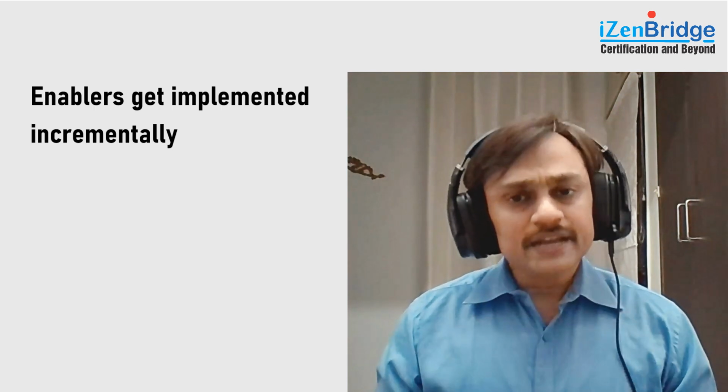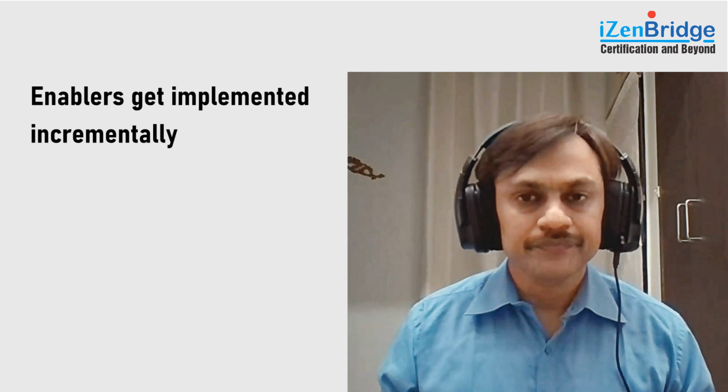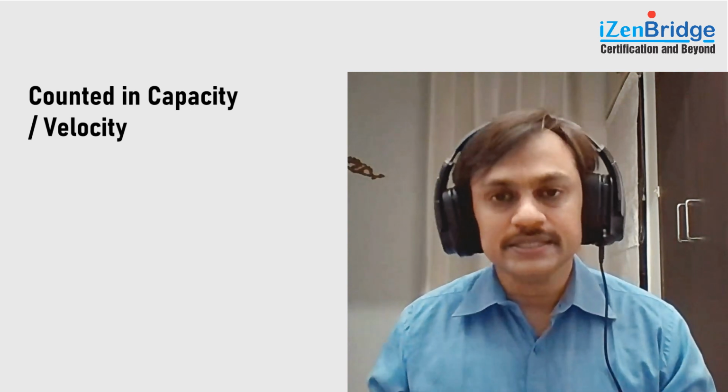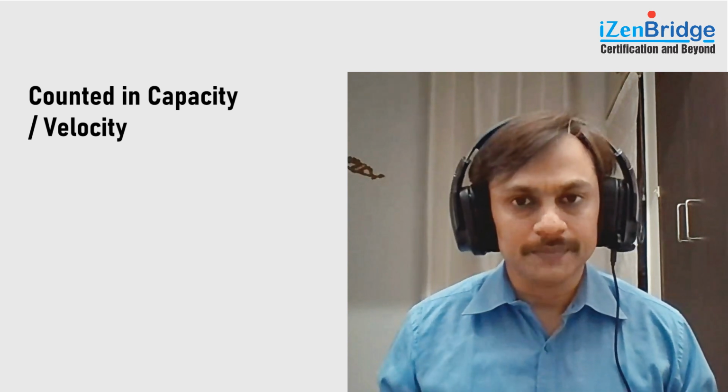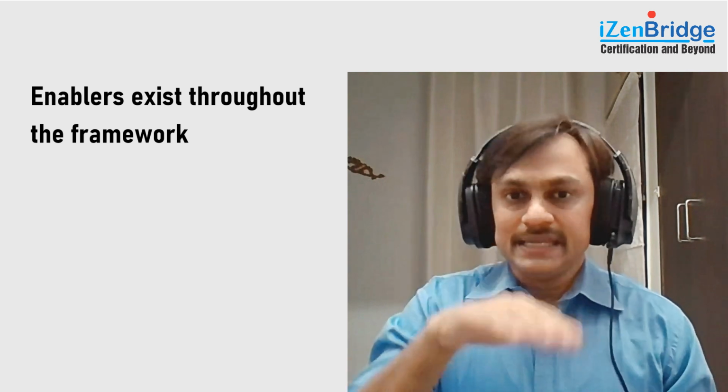Now, in Scaled Agile Framework, enablers are implemented incrementally. They get sized. Yes, you do put story points around them, and they do get counted in the velocity and capacity of your work, be it at a team level or a program level. The enabler can exist at any level.